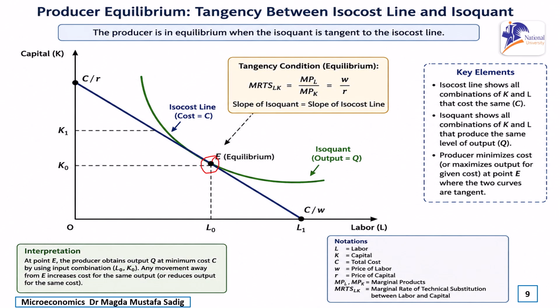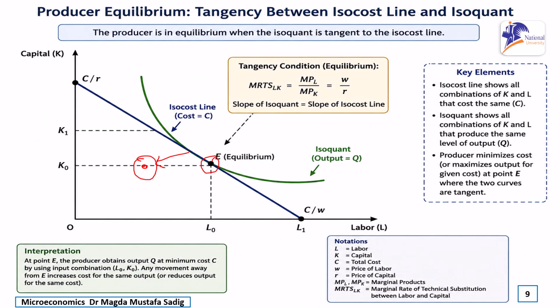If we take an output here, which is less than the required output at the isoquant, this is inefficiency because we do not use all resources to produce the highest output.